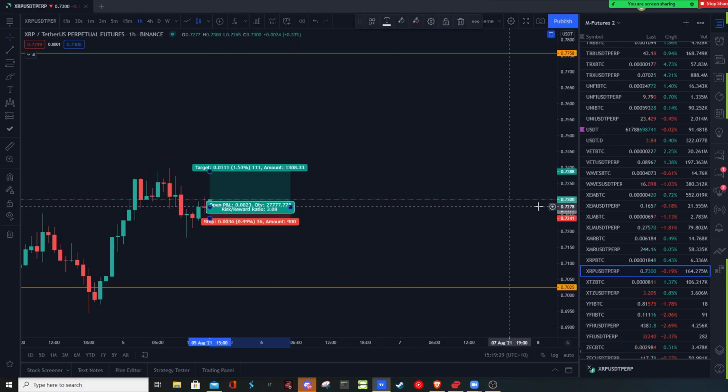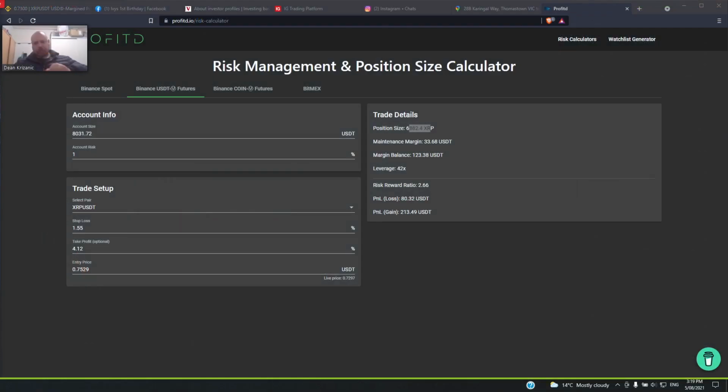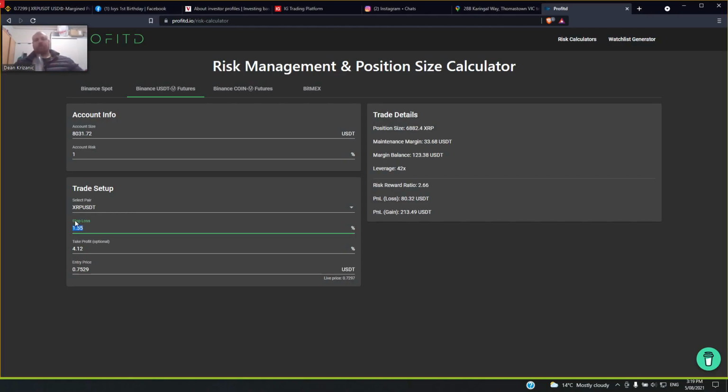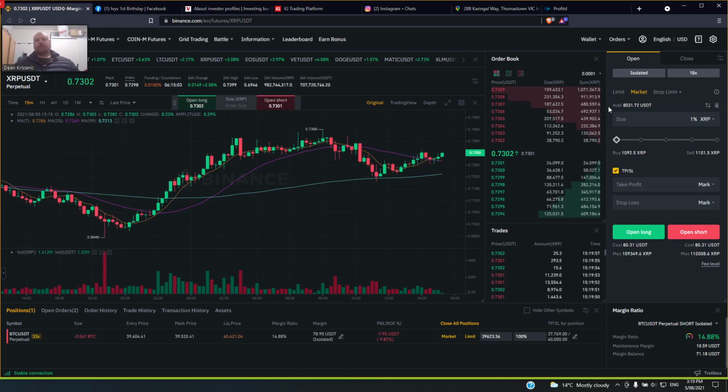All right. And then I'll just type it in, so 0.49%. My take profit was 1.53. So then you've got 3 times your leverage, so 3.12. So your 50x here, position size. All right, so XRP 1%.